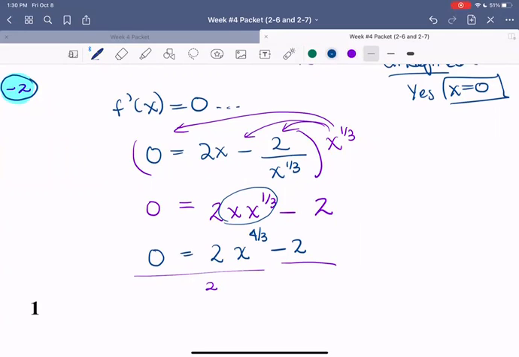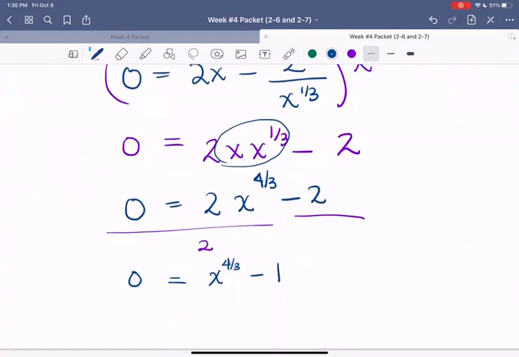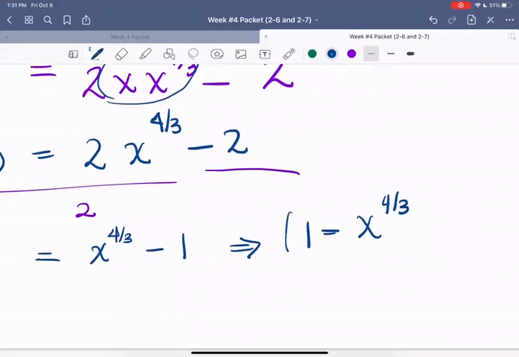To solve for x, I can divide everything by 2. On the left-hand side, I just get 0. On the right-hand side, I get x to the 4/3 minus 1. So I can add 1 to both sides, and I get 1 equals x to the 4/3. Solving for x, I can raise each of these sides to the power of 3. On the left-hand side, I still get 1.